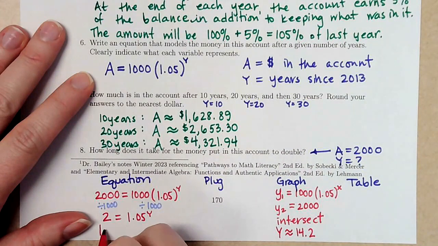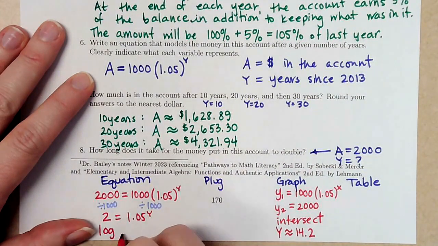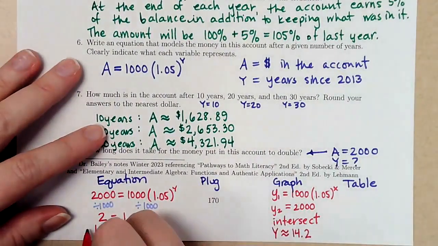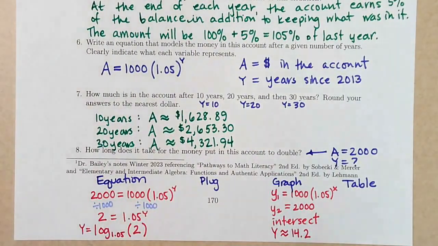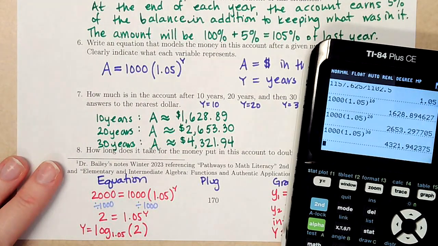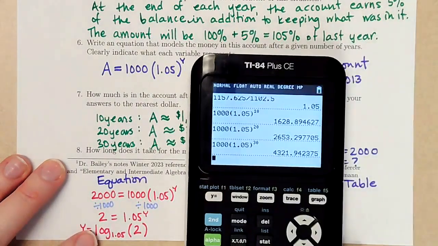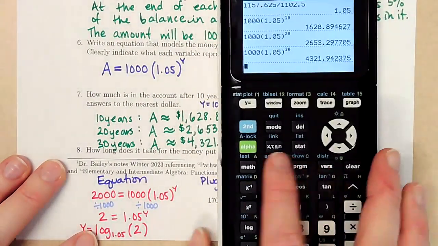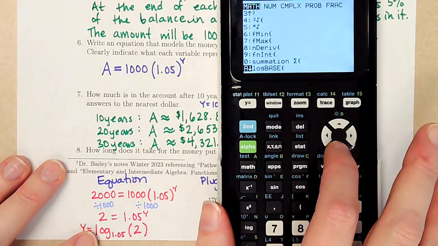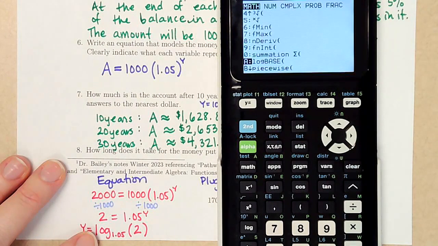So on the calculator, I'm going to do log, and I'm going to put 1.05 in for the base, and I'm going to put 2 here. That's why I wanted to show it to you, because it's so funky. So logs, what they do is they hunt for the exponents. That is their job. We went to math, go down until you see that log base.